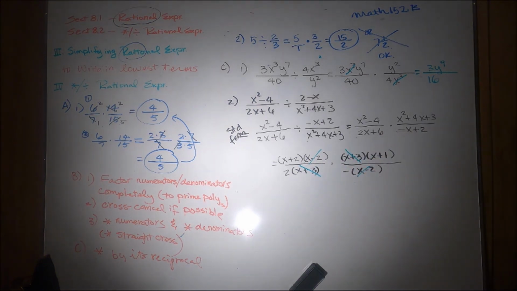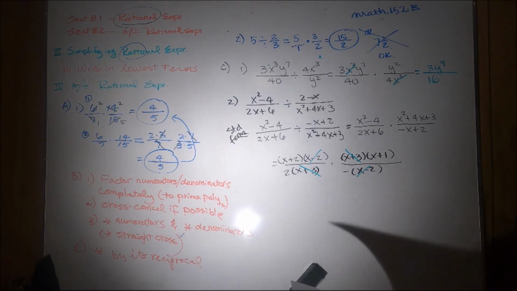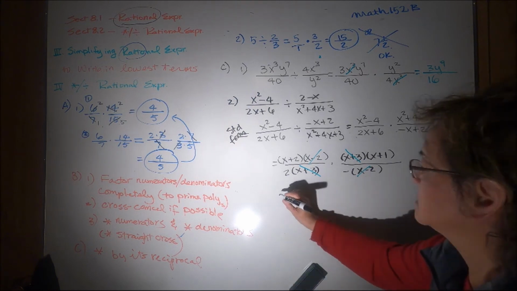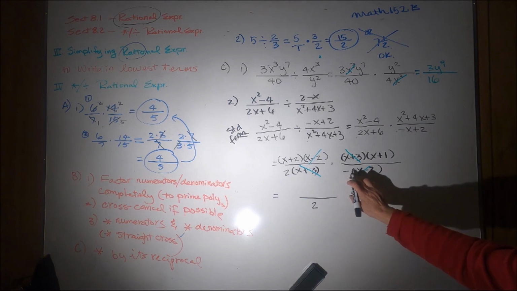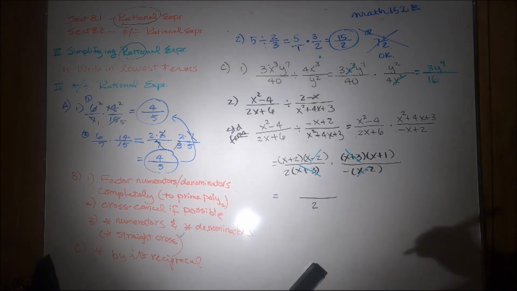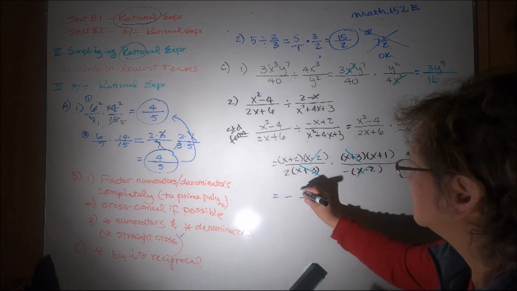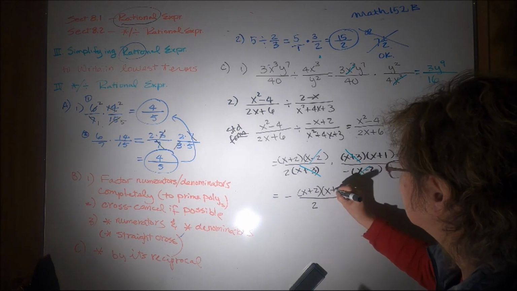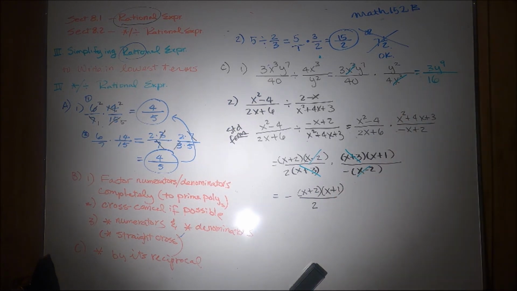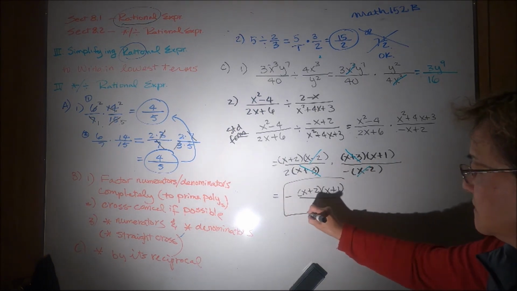Anything else? That's it. So what do we have? On the bottom is 2. Then the negative: we don't leave a negative on the bottom, we move it out or to the top. Then the top would be x plus 2, x minus 1. Multiply straight across. Is that right? Are we good?